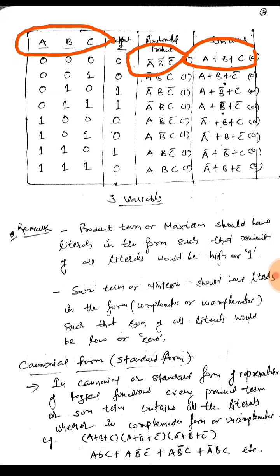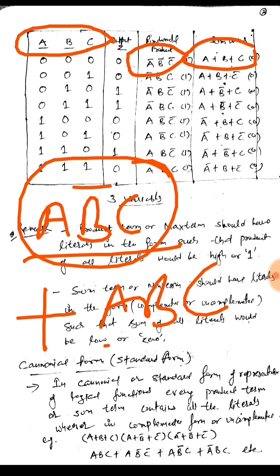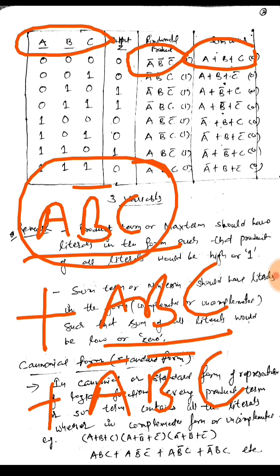So canonical form will be having all the literals in every term. So if I have three variables a, b, c, then in each term, that is a, b bar, c, there will be all the literals in each term, whether in complemented or uncomplemented form. So another max term for three variables can be a, b, c. So it must contain all the variables, plus a bar, b bar, c.